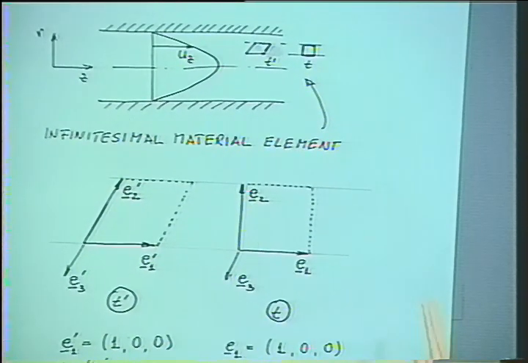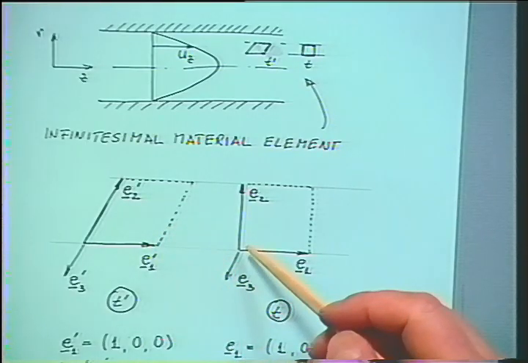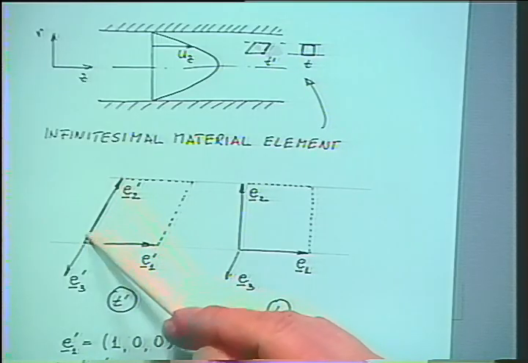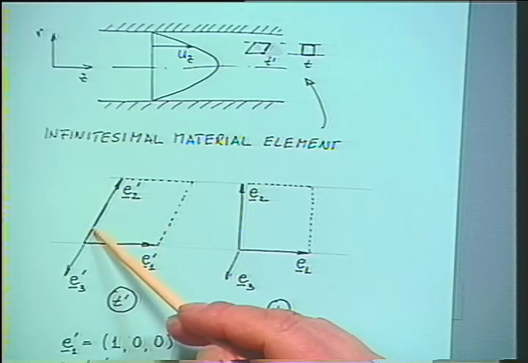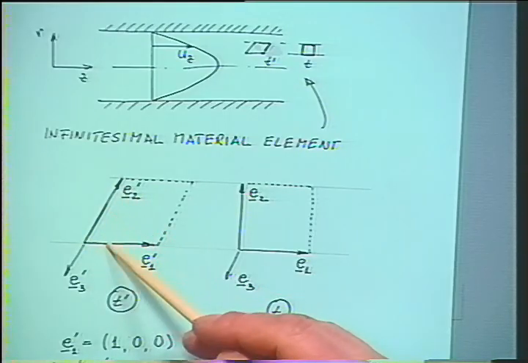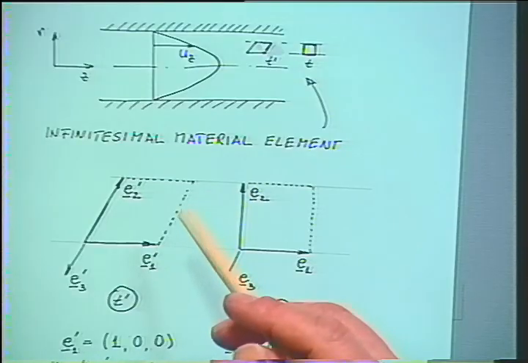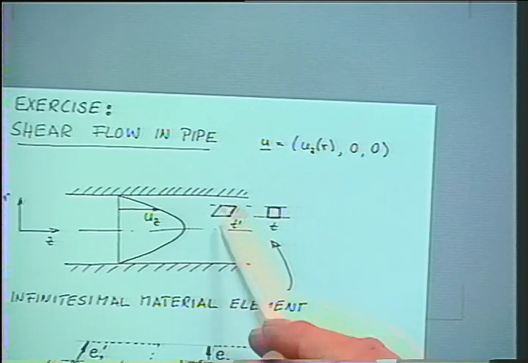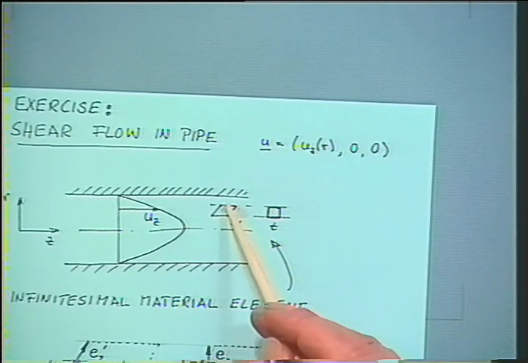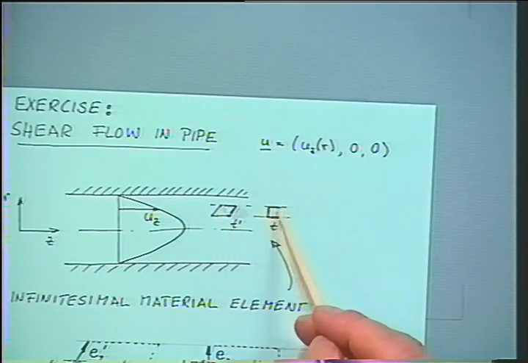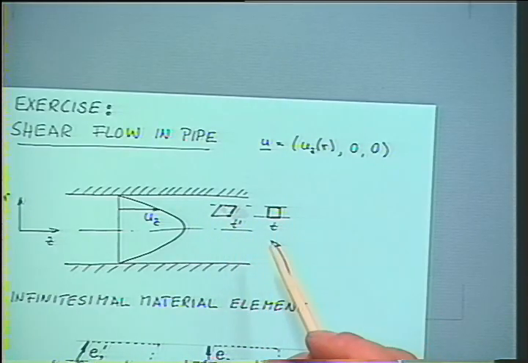The only interesting material vector is really E2, which is at some angle at previous times, and it also is associated with some stretching because of the angle change. Now, it's an angle tilting forward here, because the velocity gradient is negative, the shear rate is negative. See, when you look at this material element up here, the bottom part is moving faster than the top, and that will install the rectangular configuration at time t.